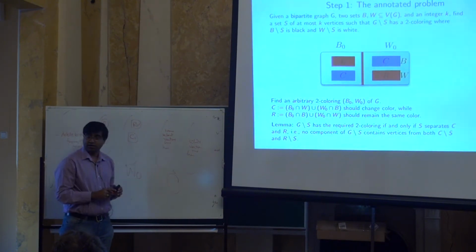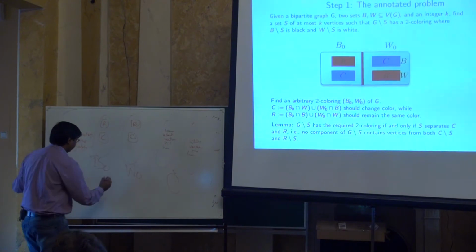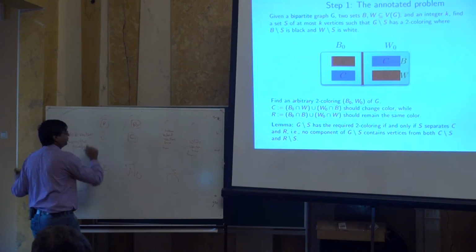Look, it's a bipartite graph, right? Now look at this conflict vertex and this remaining vertex.